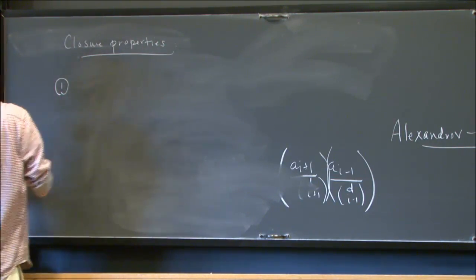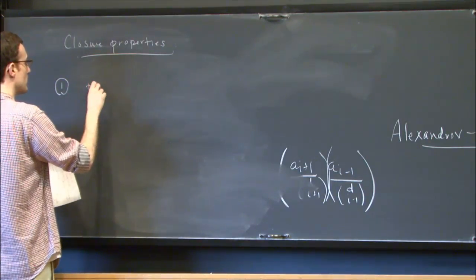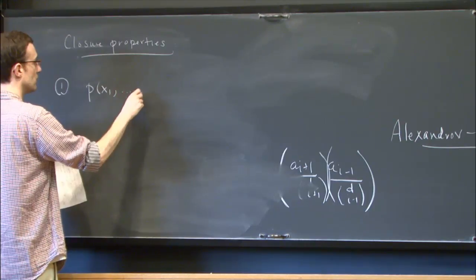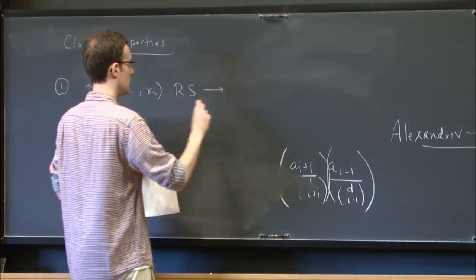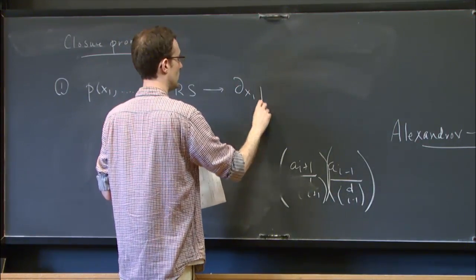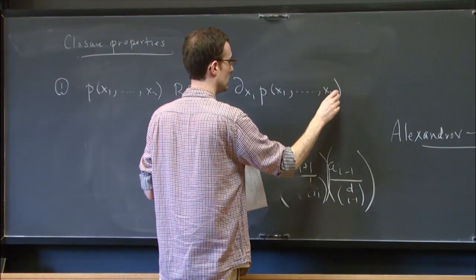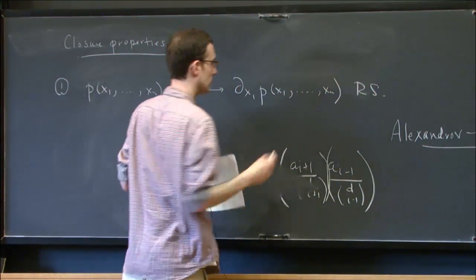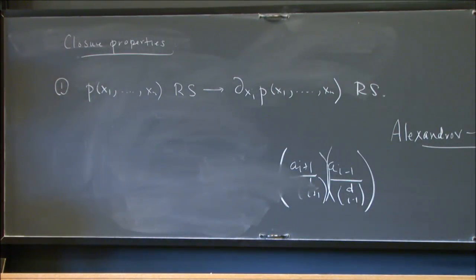So just like in the univariate case, P of x1 through xn real stable implies the partial derivative is real stable. I completely didn't understand the picture.